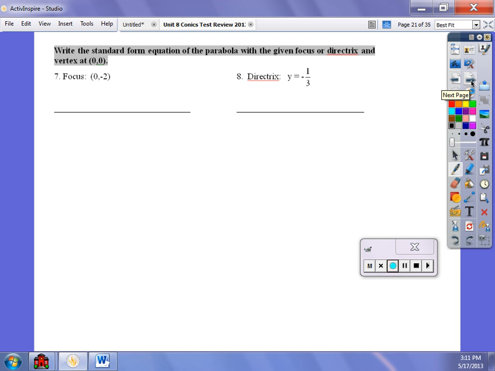Alright, when they give you the focus, you're going to be using the standard form equation. This is the y-axis, so that means that I need to focus on the y-axis. Focus is always p. So you're going to take your p value and replace it into the equation.